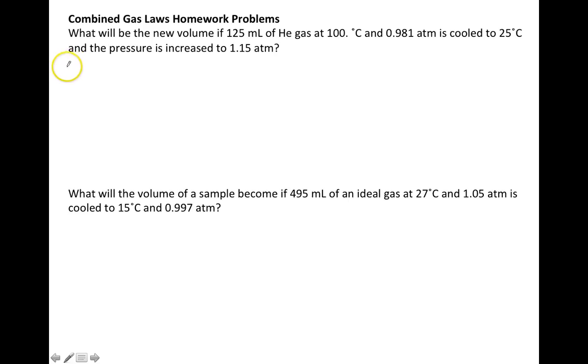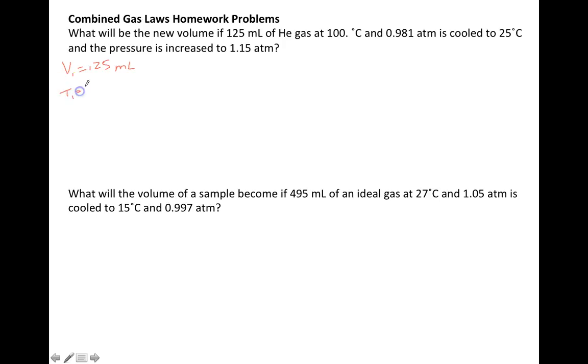Okay, so what will be the new volume if 125 milliliters, so that means our original volume is 125 milliliters of helium gas at a temperature of 100 degrees Celsius.